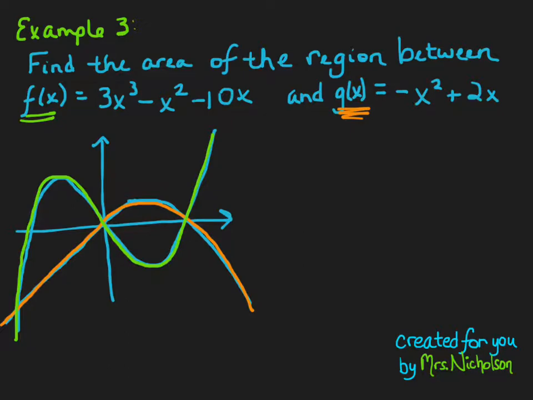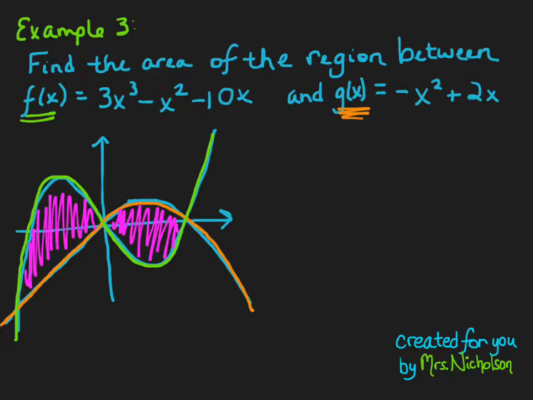All right, so if I'm just looking for the area of the region between these curves, notice in this picture that we've actually got two regions between the curves. There's this region here, and there's also this region here. And if I look at the first region, notice that the green graph, the f of x graph, is on top, and the orange graph is on bottom.